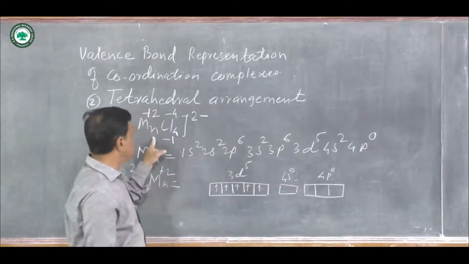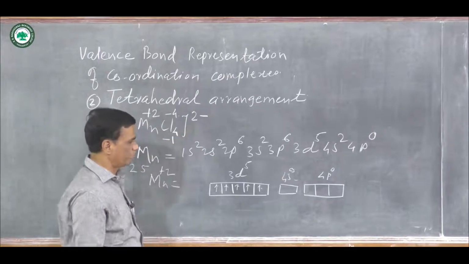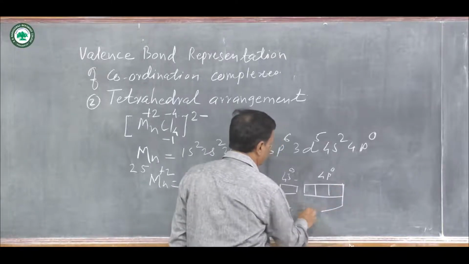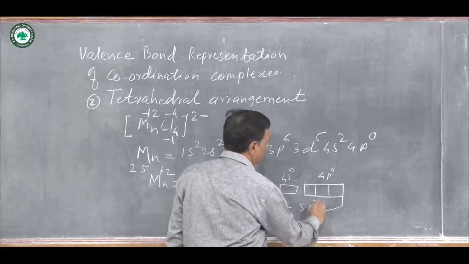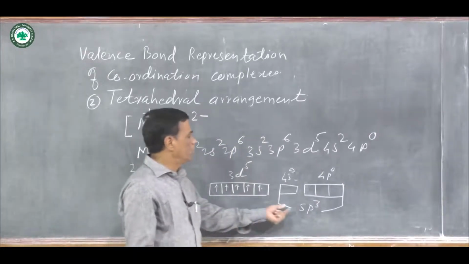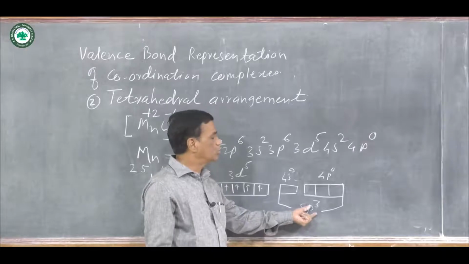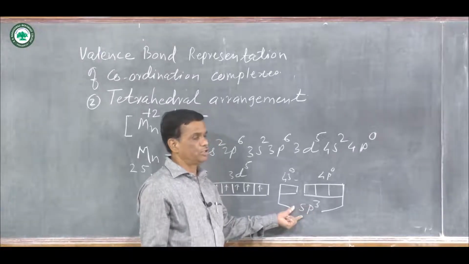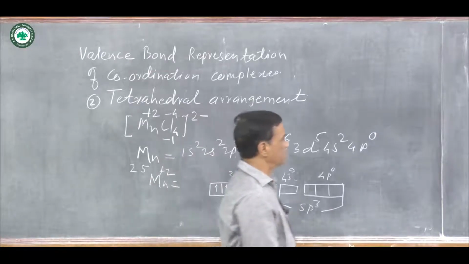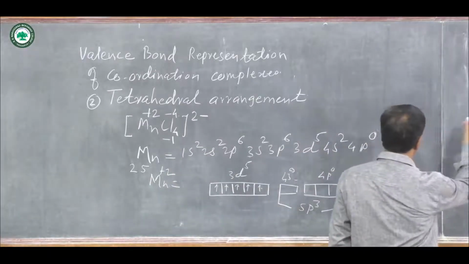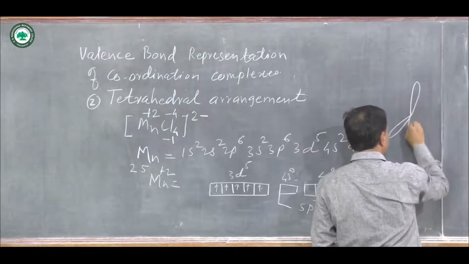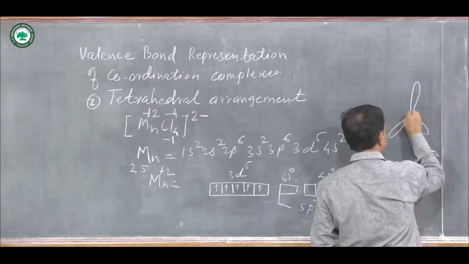When there is a formation of the MnCl4 2- complex ion, this 1 4s orbital and these 3 4p orbitals combine, and there is a formation of sp3 hybrid orbitals. The 1 s orbital and 3 p orbitals combine, and there is a formation of 4 equivalent sp3 hybrid orbitals, which are represented like this.